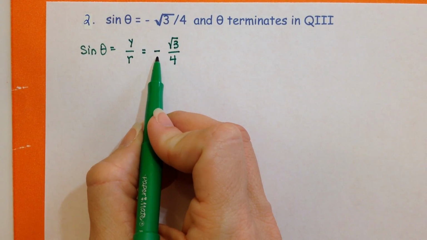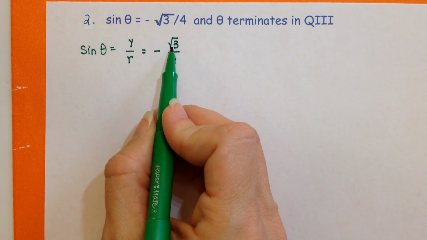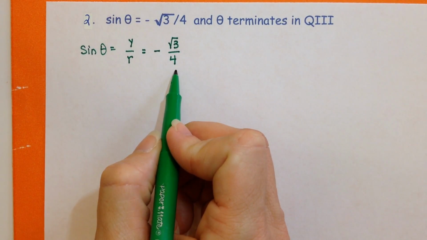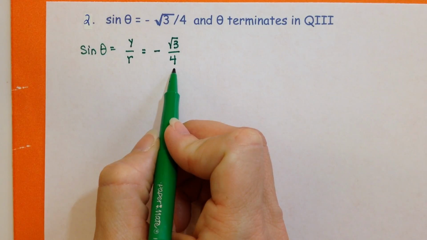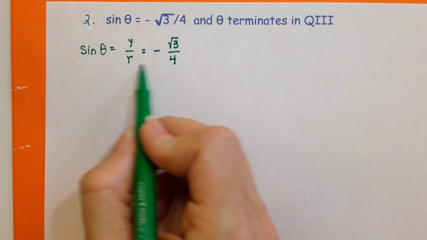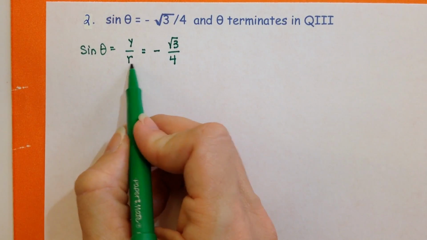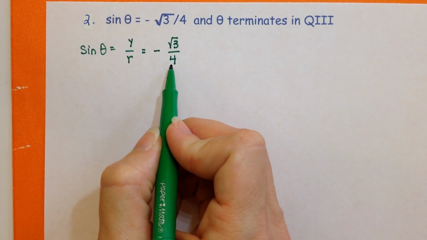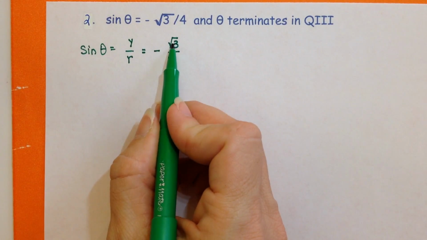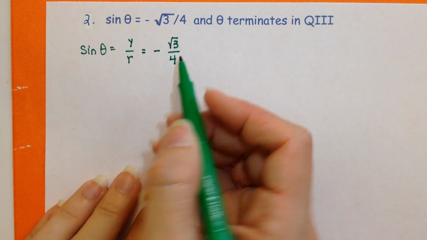Because you can move it around. It could be that it belongs to the numerator. It could be that it belongs to your denominator. In this case, you know that it's got to go to the numerator. The main reason is that r has to, remember, always be positive. So therefore the negative has to go with the square root 3.